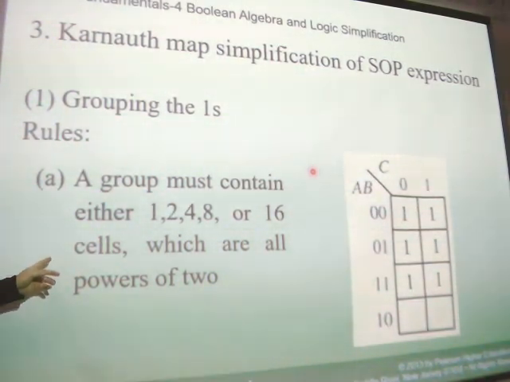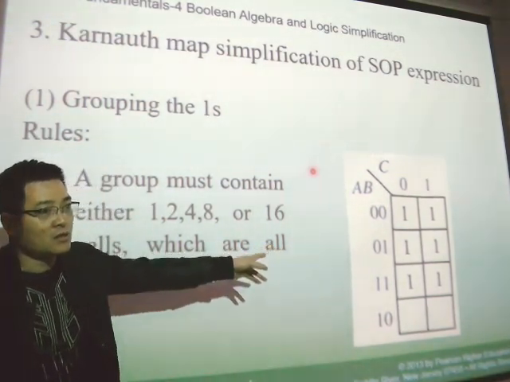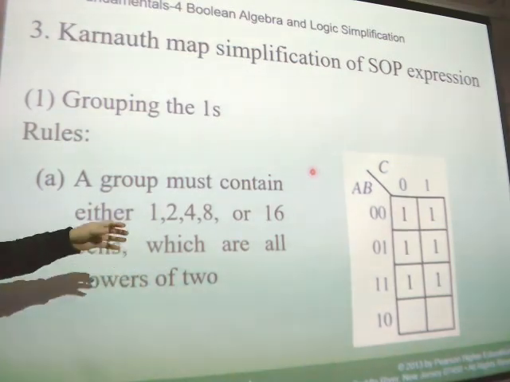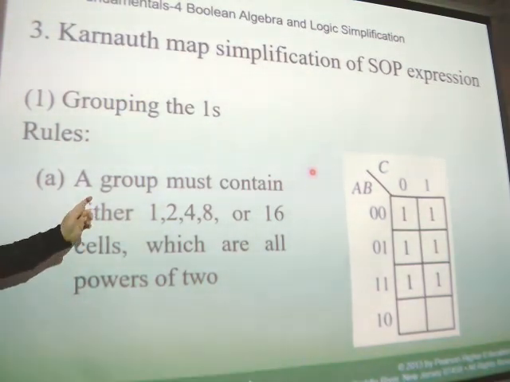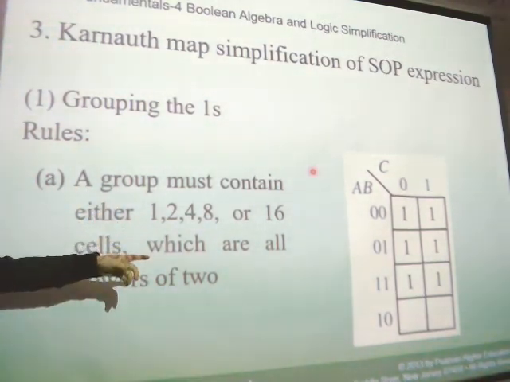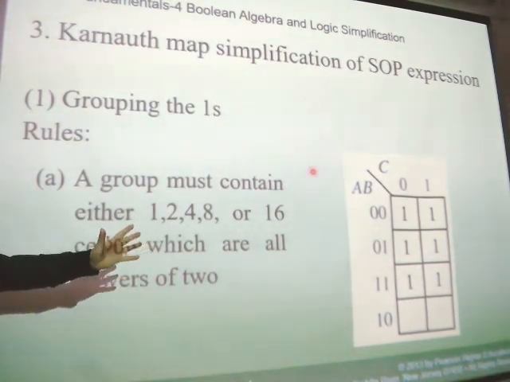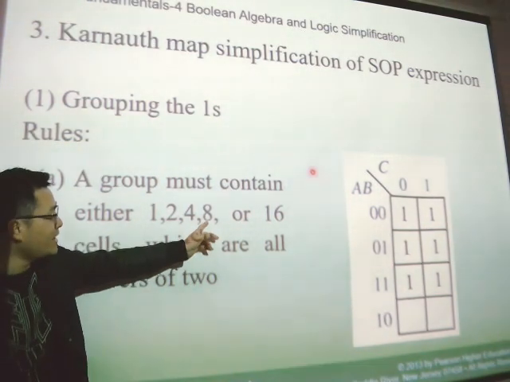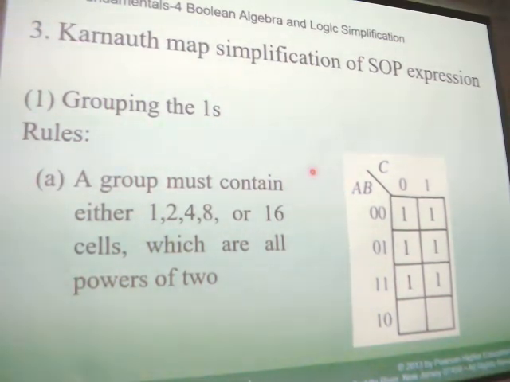For example, there are 4 ones. How to group them? All groups must contain 1, 2, 4, 8 or 16 ones.